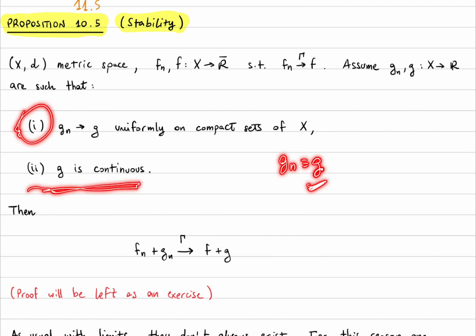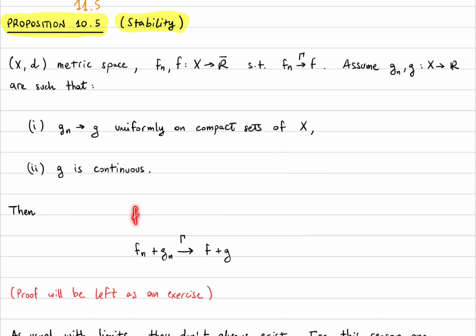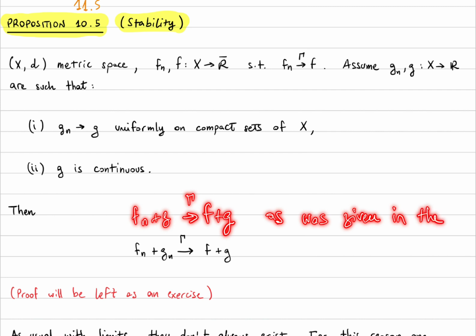We are already assuming this in proposition 11.4, and therefore you obtain that F_n plus G gamma converges to F plus G, as was given in the thesis of proposition, what was the proposition? 11.4.